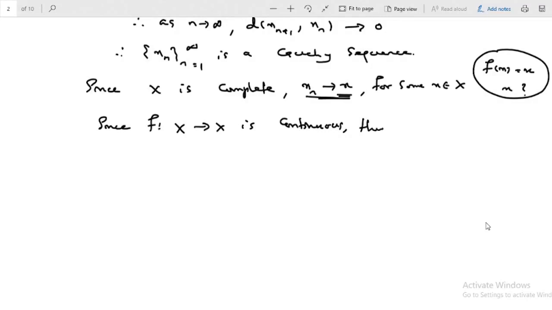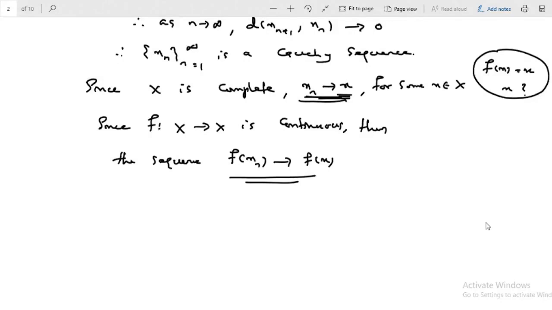Then the sequence. Okay, f from X to X continuous ആണ് and xn is a sequence in X converges to x. xn converges to x and f is continuous implies we have result that f of xn converges to f of x. Okay. Now we have xn converges to x and f of xn converges to f of x.